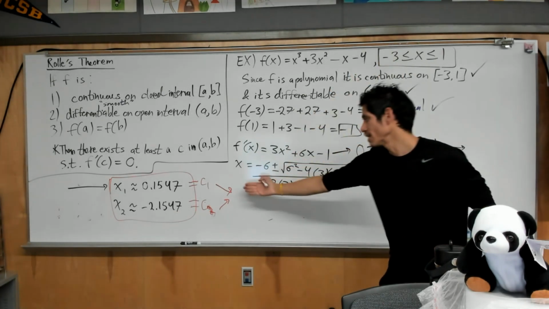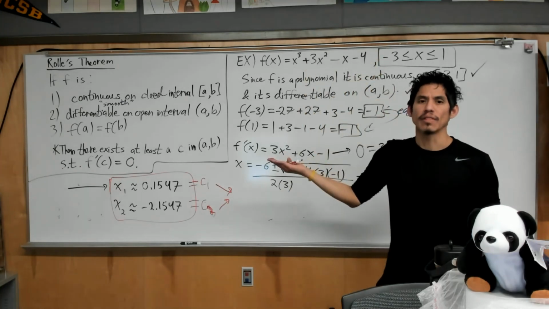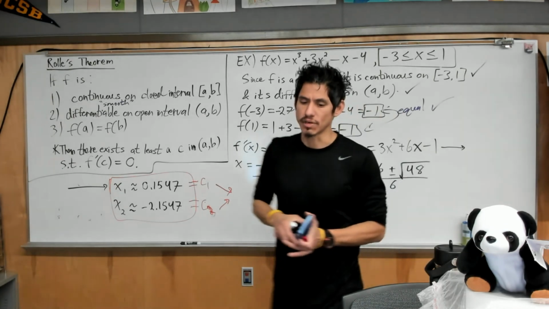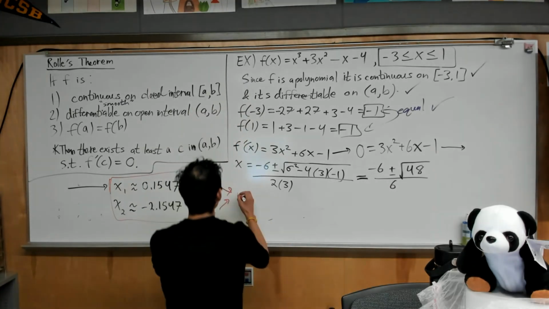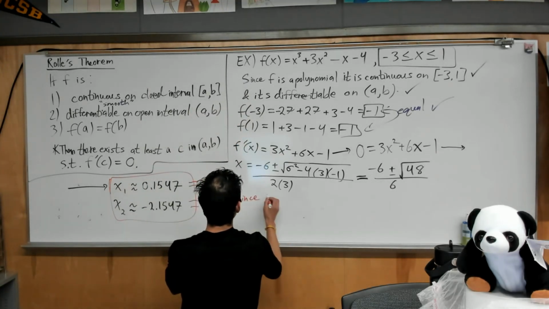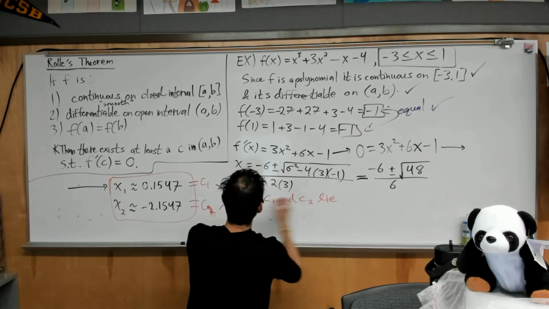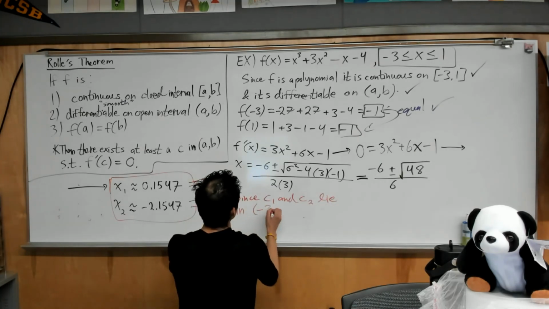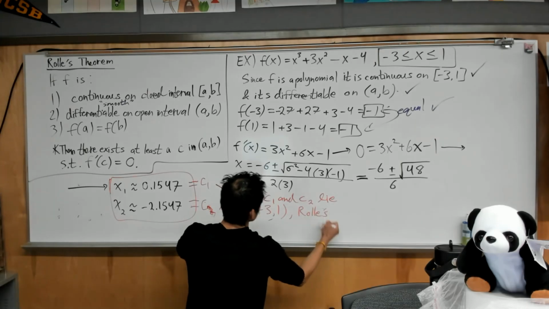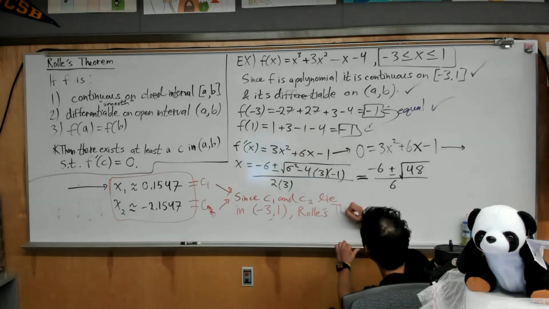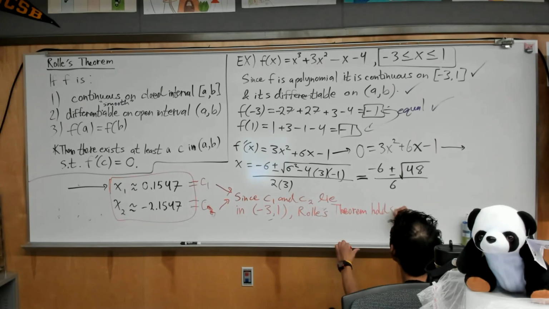So we can say that since c1 and c2 lie in this open interval -3, 1, then we have shown that Rolle's theorem holds true here.